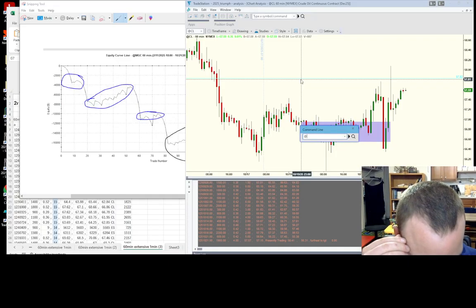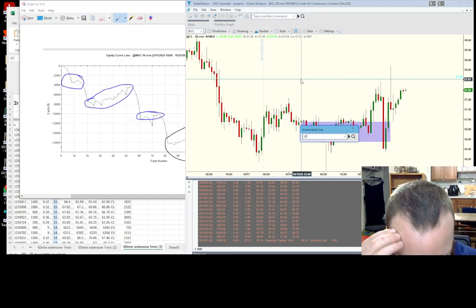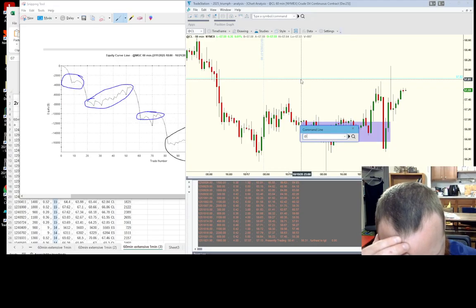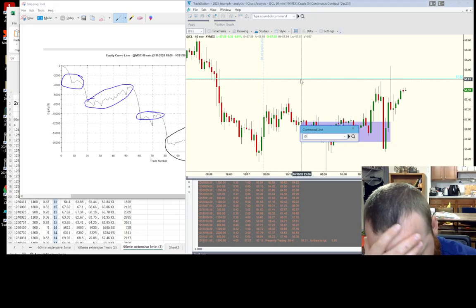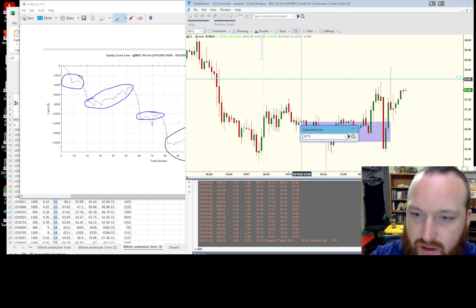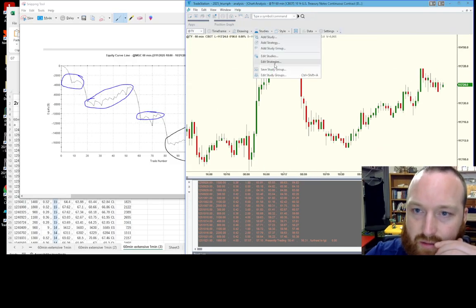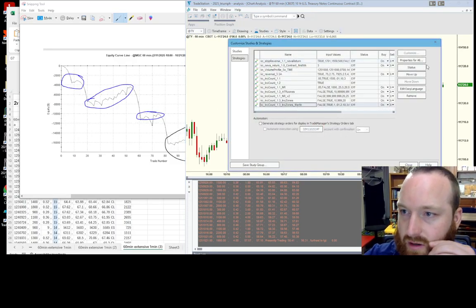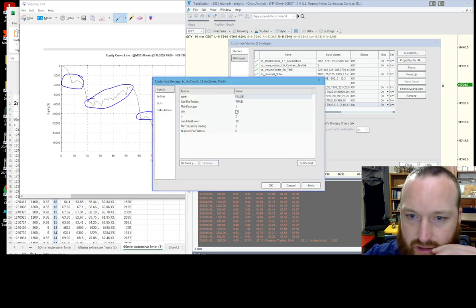ES, euro currency, silver, copper. I thought I did copper already. Soybeans, treasuries. Treasuries seem weird. Let's do treasuries because treasuries seem to go sideways all the time, don't they? So treasuries is going to be interesting.